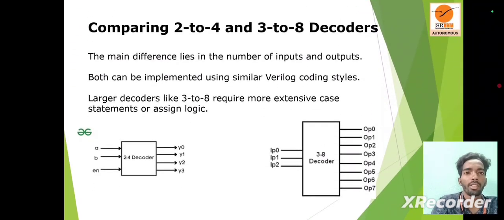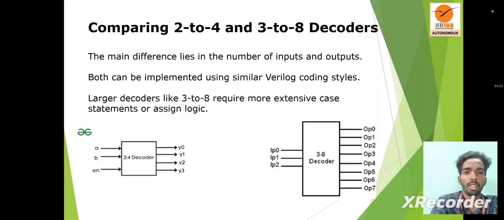Comparing 2 to 4 and 3 to 8 decoders. The main difference lies in the number of inputs and outputs. Both can be implemented using similar Verilog coding styles.